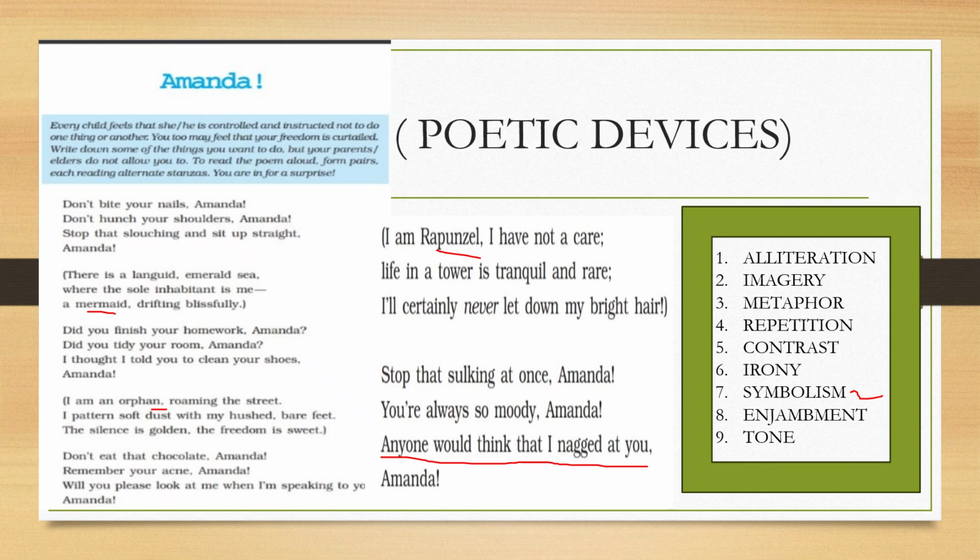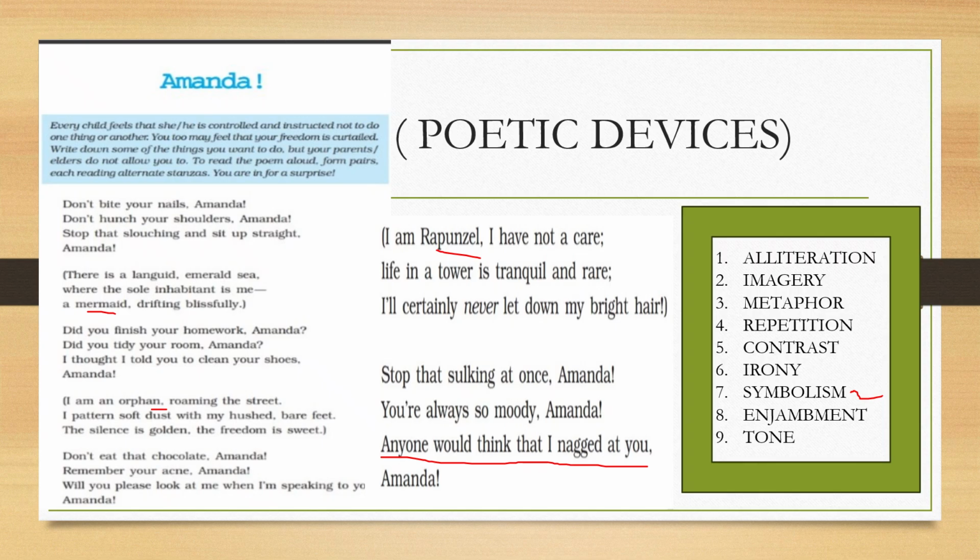Next one is Rapunzel. It symbolizes isolation and peace from the world. Here, Rapunzel symbolizes isolation, feeling alone, and peace. She was thinking that she could get freedom there without scolding, without shouting, without the sound of her mother or adults.